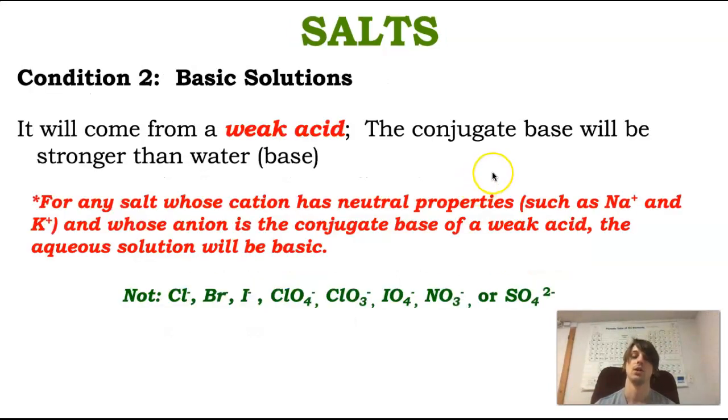All right. What about basic solutions? How can I add a salt and make it basic? So remember, if you have a weak acid, and we'll look at an example in just a minute, the conjugate of that weak acid is kind of a strong base, because that acid doesn't dissociate very well. So it actually favors the left side, okay?